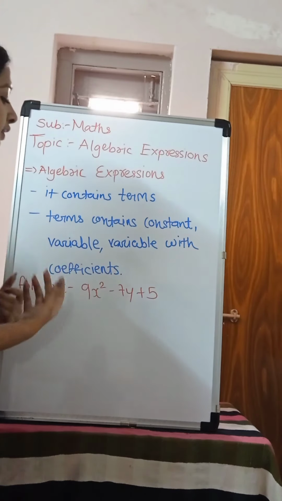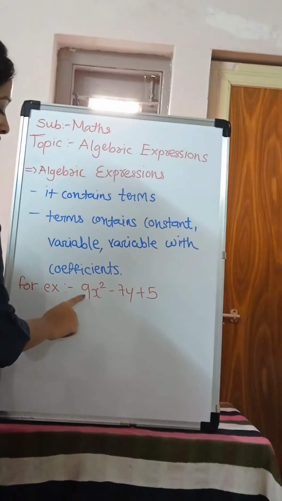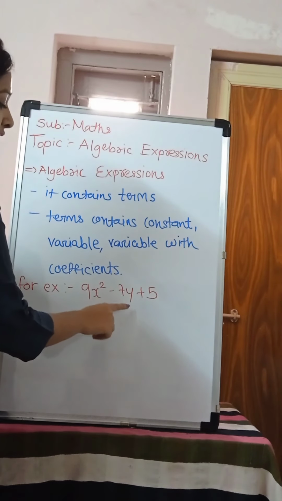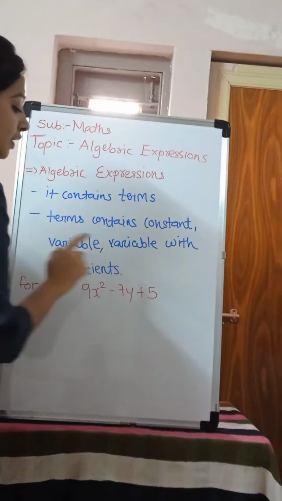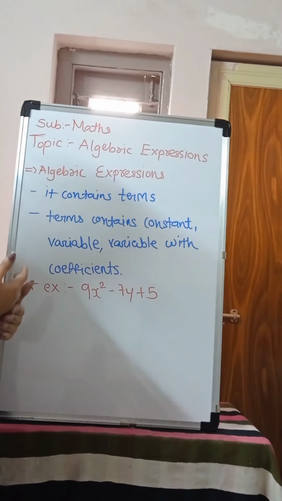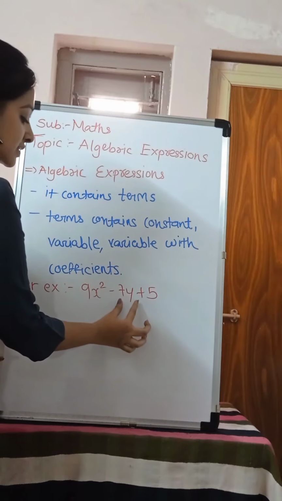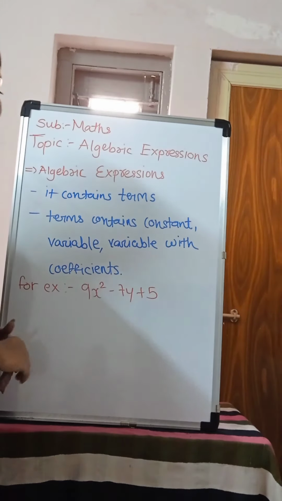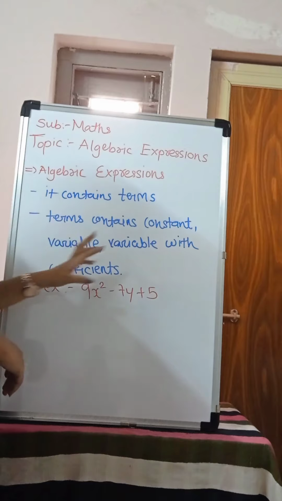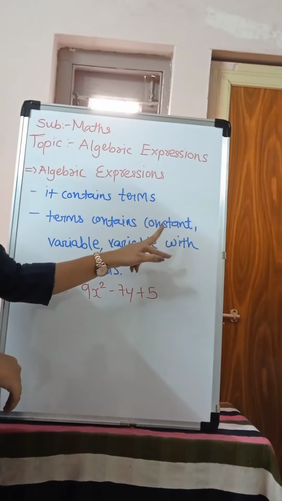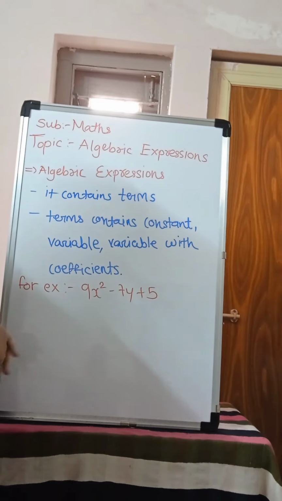So how can we find terms? Here 9x square minus 7y plus 5 is separated by the signs minus and plus. So this is the first term 9x square, this is the second term and this is the third term. I'll be talking about constant, variable and variable with coefficient in just a minute.